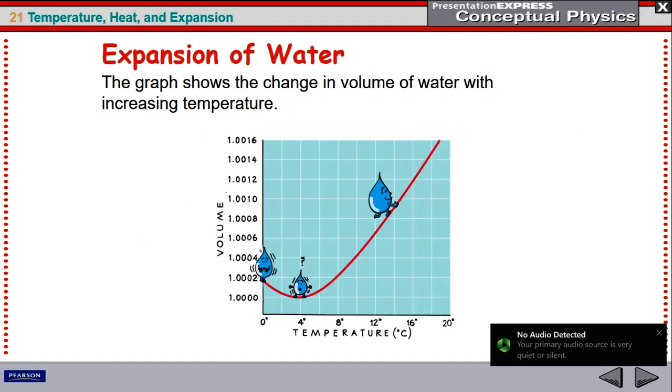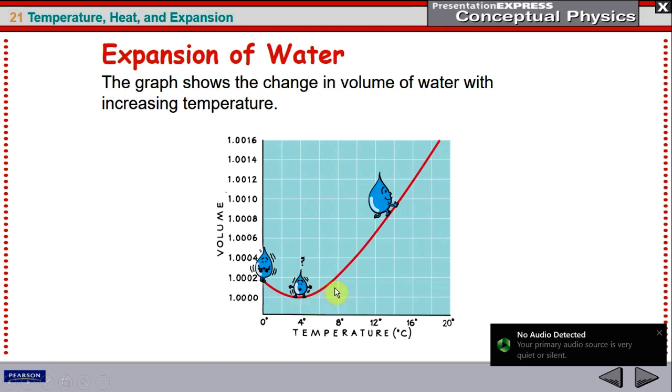Look at this graph. You can see that at 0 degrees Celsius, look at the volume. This is just a representation of volume. When the temperature increases from 0 degrees Celsius to 4 degrees Celsius, the volume decreases, that is, contracts.